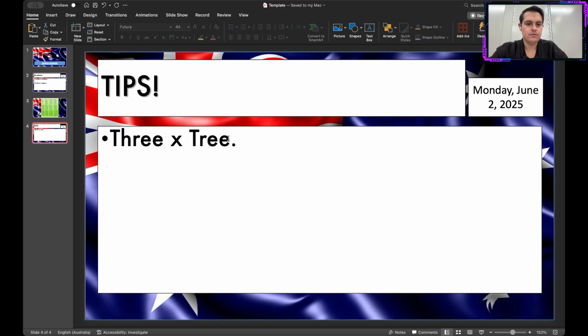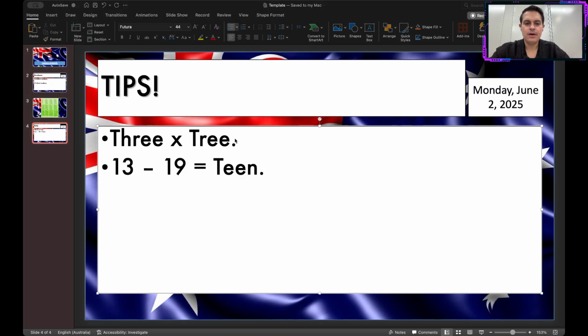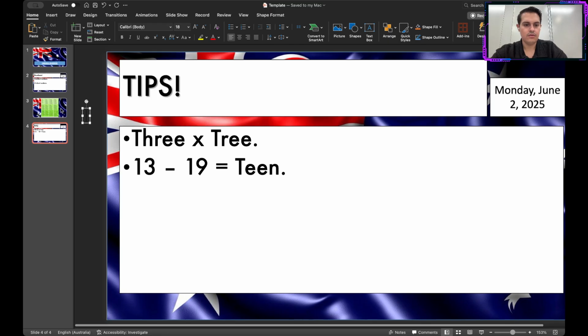From 13 to 19, it reminds me at least of teenager, because you were a teenager when you were 13. Just remember, every number from 13 into 19, I will say teen. Easy peasy lemon squeezy.